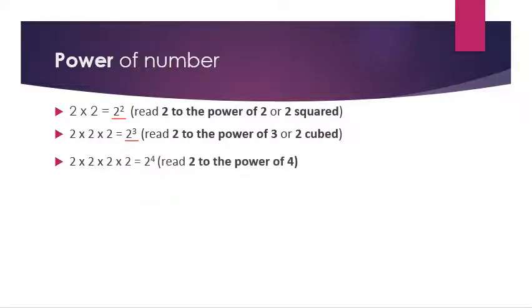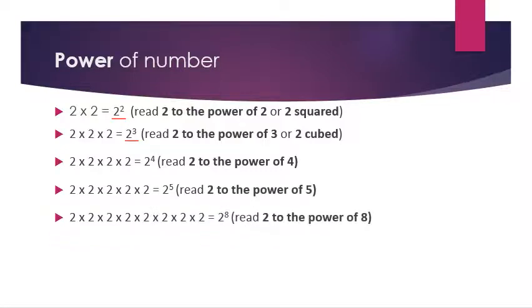And we continue: if there are four 2's of multiplication, we say 2 to the power of 4, 2 to the power of 5, and 2 to the power of 8 because there are eight 2's. So if you have a number to the power of n, you multiply that same number over and over again n times.